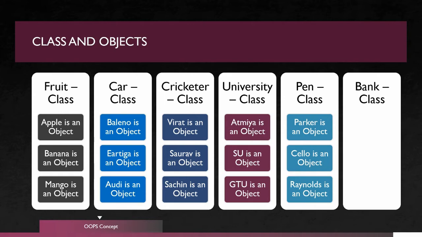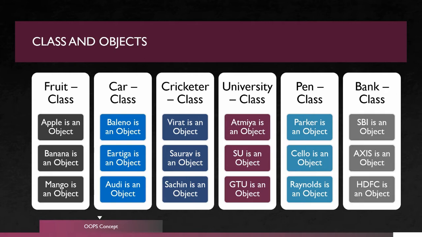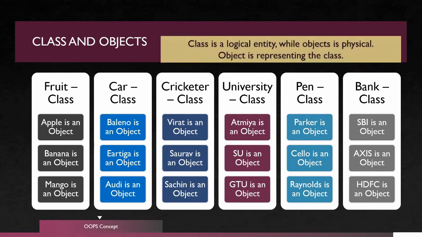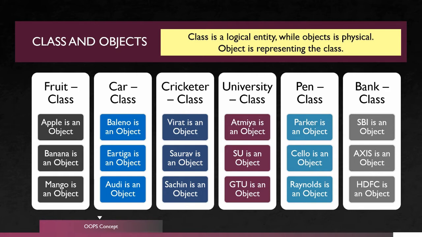Suppose you talk about a bank, then which bank? SBI is a bank. So you can say SBI is an object. Axis is an object. HDFC is an object. And bank is a class. In short, you can say class is a logical entity while object is a physical entity, and object is representing the class.